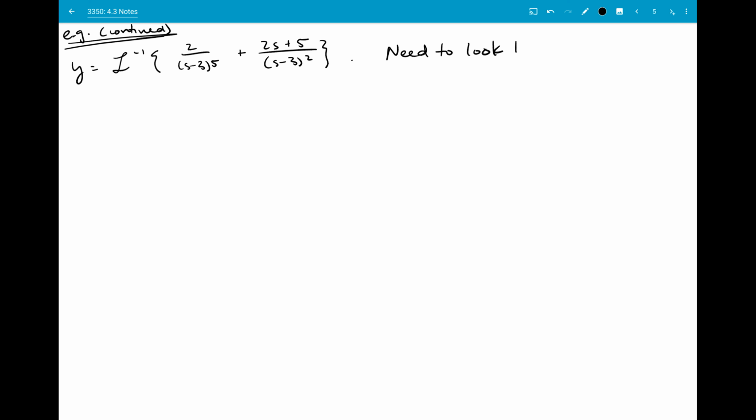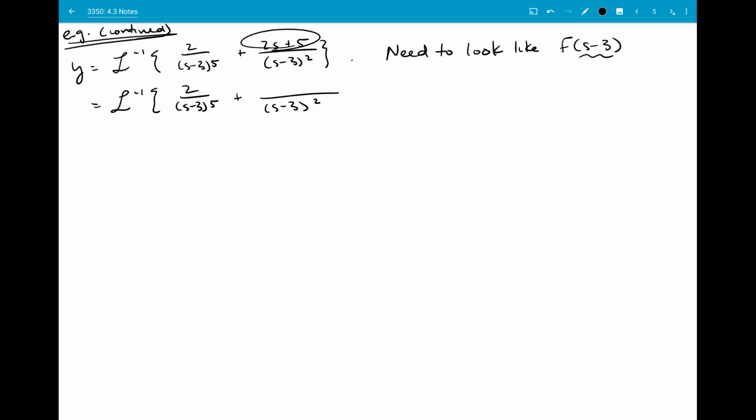So we need this to look like f of s minus a, where a for us is 3, so f of s minus 3. So we're looking at L inverse of 2 over s minus 3 to the 5th. That part's fine. And the s minus 3 squared in the next part of the problem also looks fine.